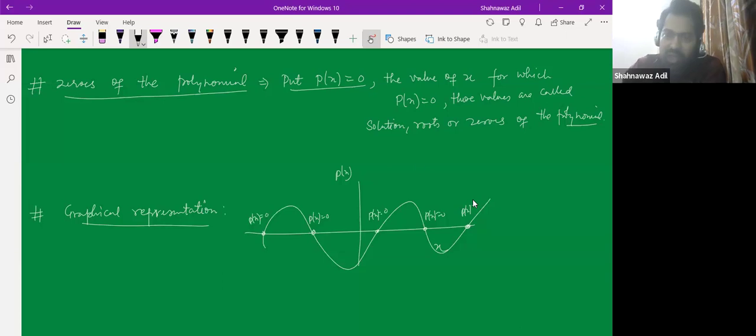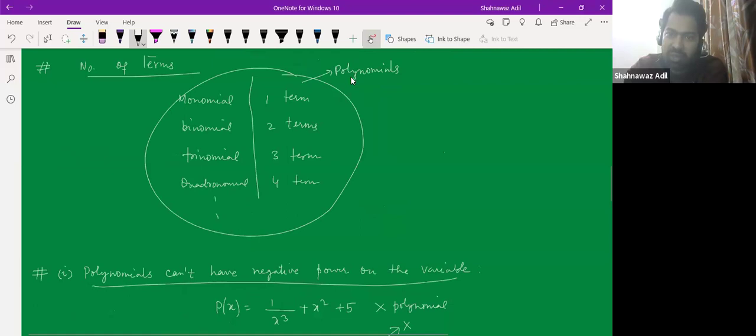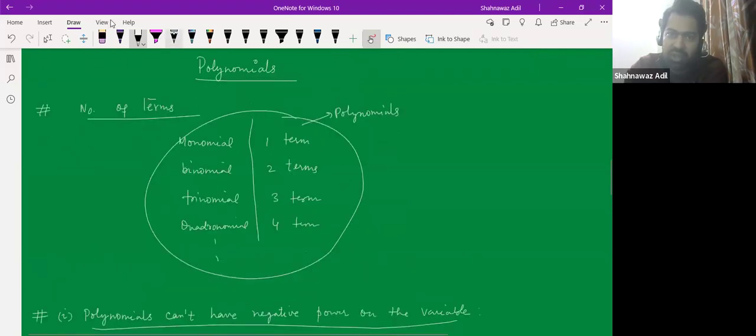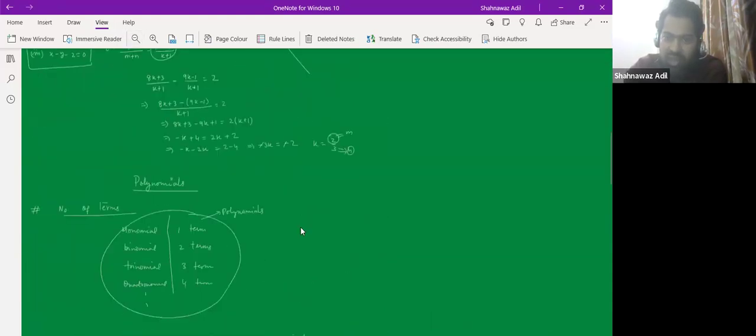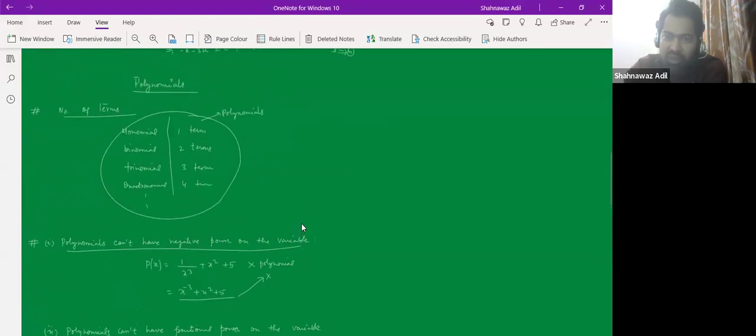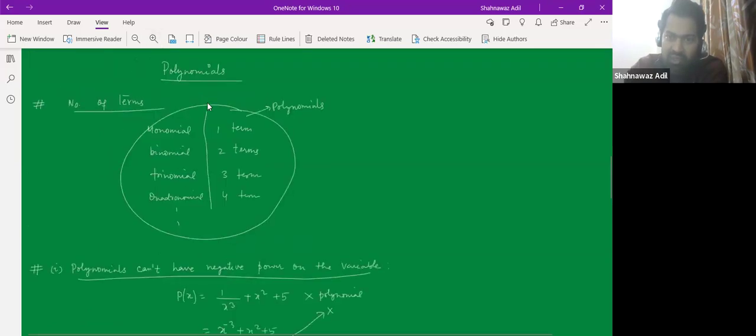Okay, so we'll continue from here in the next class. But before we do that, please note down the parts, because I will write everything in a single place so that you have all the notes with you and can quickly revise whatever we have done. We will stop here, and in the next class we'll talk about polynomials, and may start linear equations and the important questions of that.